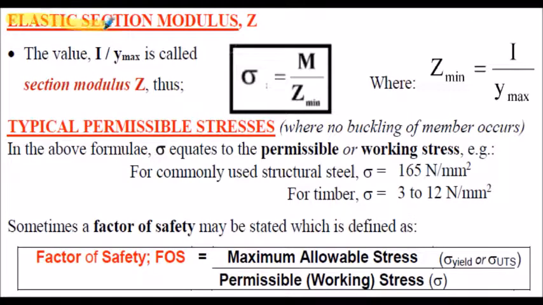Let's consider the elastic section modulus, usually given symbol Z. The quantity I divided by Y max, where Y max is the furthest distance from the neutral axis to the extremity of our section, is called the section modulus, symbol Z. So in calculating the strength of a standard steelwork section, for example, we can simplify engineer's bending theory as the bending stress sigma is equal to the bending moment divided by the minimum section modulus, where the minimum section modulus is equal to the second area moment I of our section divided by the maximum Y distance.